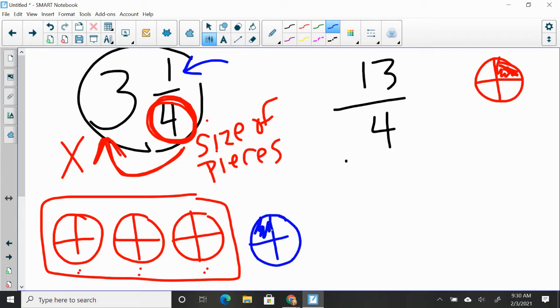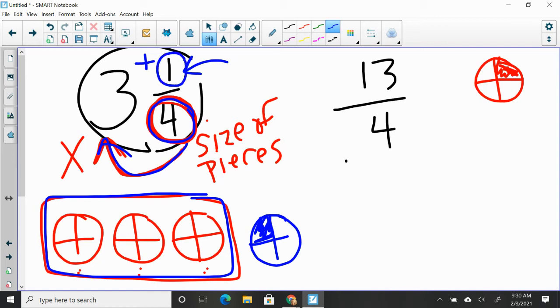So we have to add that amount to the 12. So you're taking your denominator and saying 4 times 3 is 12. That's getting you those 12 pieces plus 1 more out here. So 12 plus 1. And I know that looks really sloppy.